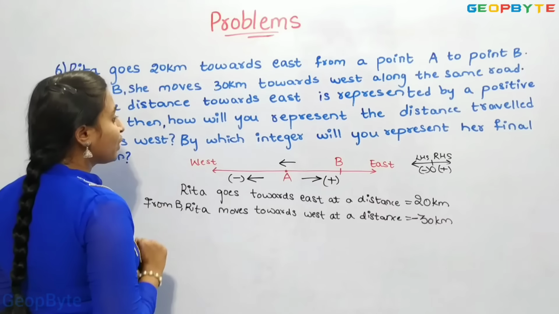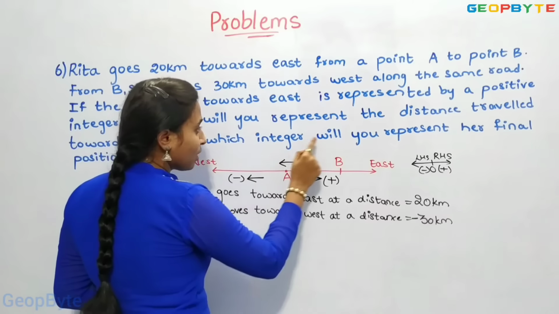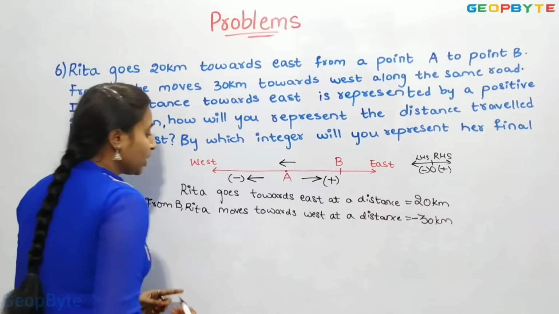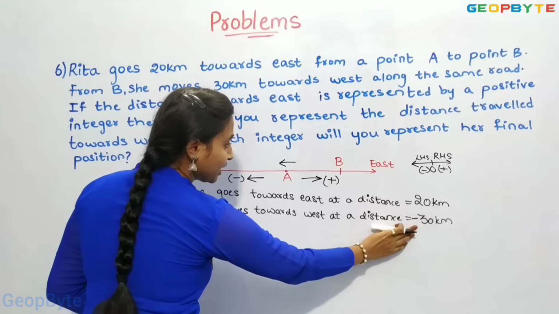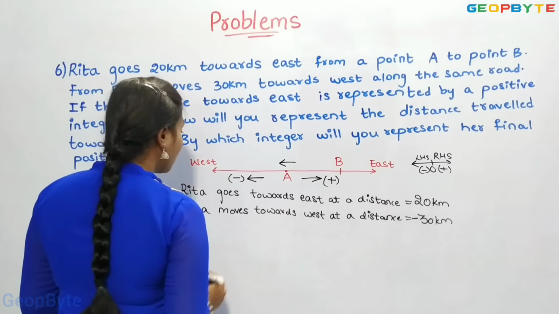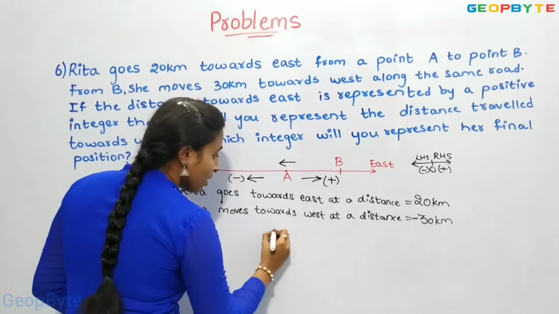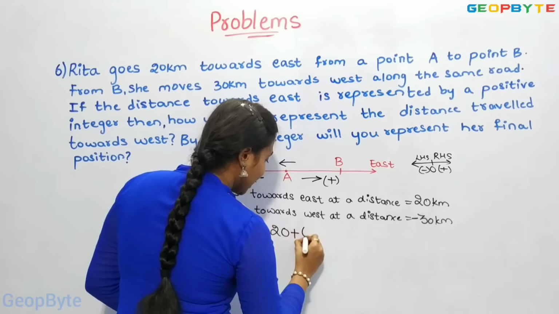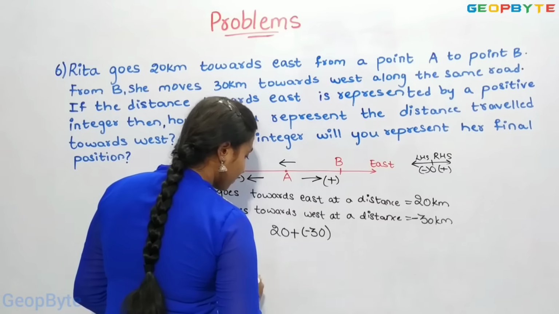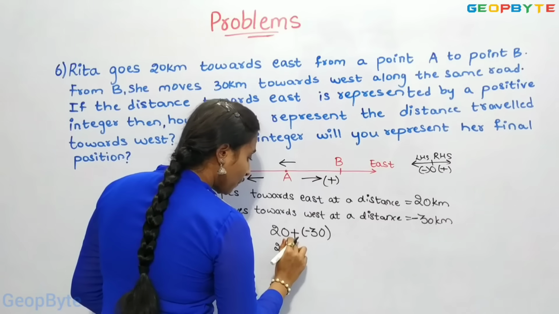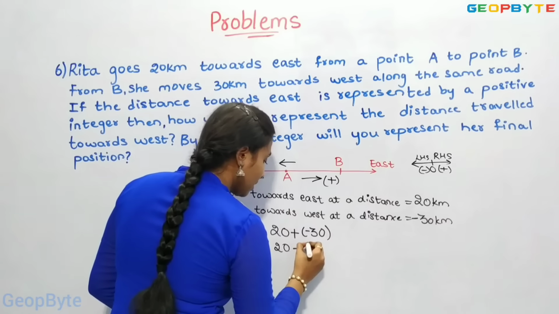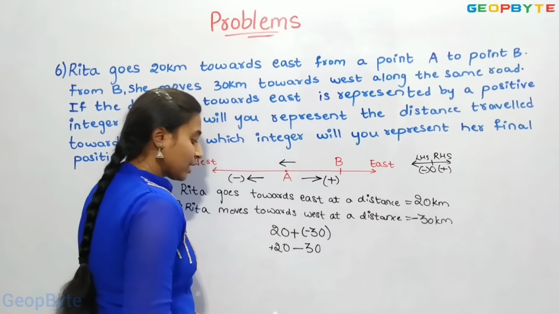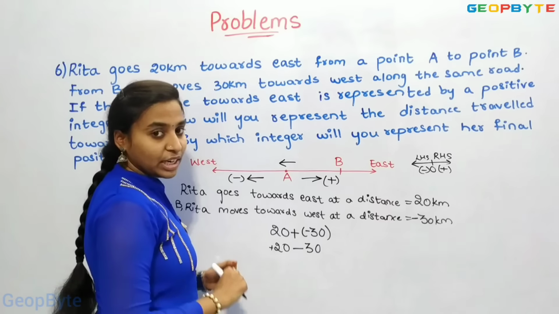Now, what should we find out? By which integer will you represent her final position? That is, we need to add these both distances to find out her final position. That is 20 plus minus 30. 20 plus into minus, minus 30. If a plus and minus are there, we need to subtract.